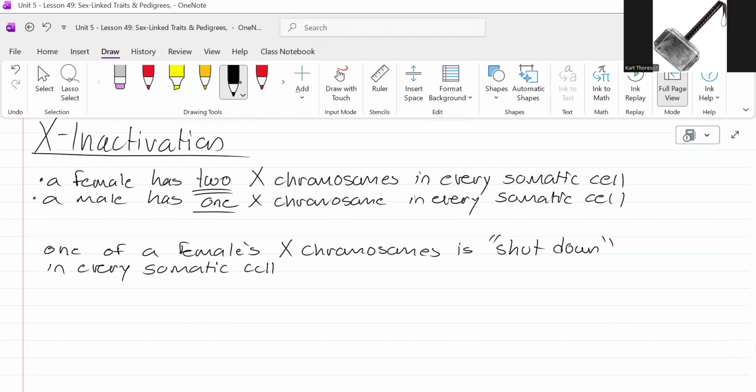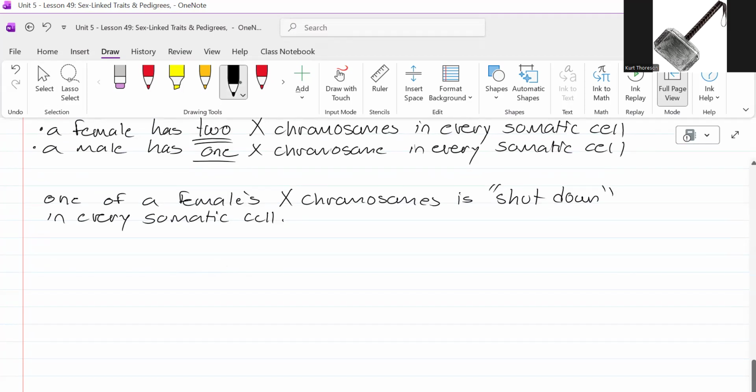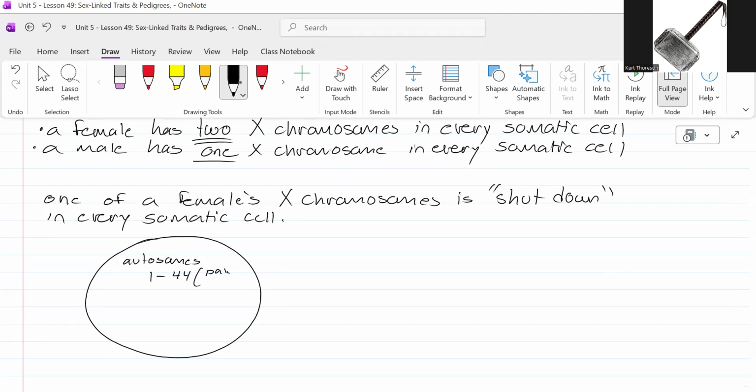It is just deactivated. So if I have a girl's somatic cell right here, and you got autosomes 1 through 44, and just so we're not getting confused, that means that's pairs 1 through 22. Then her sex chromosomes, X and X, here's what I'm going to do.